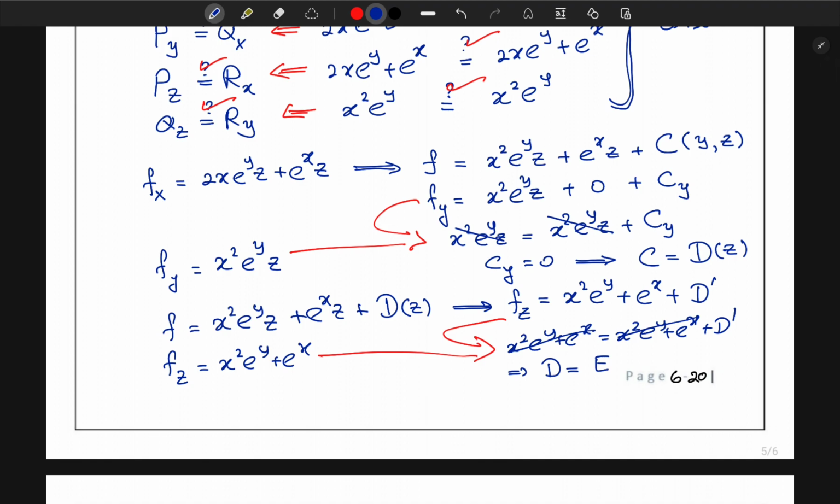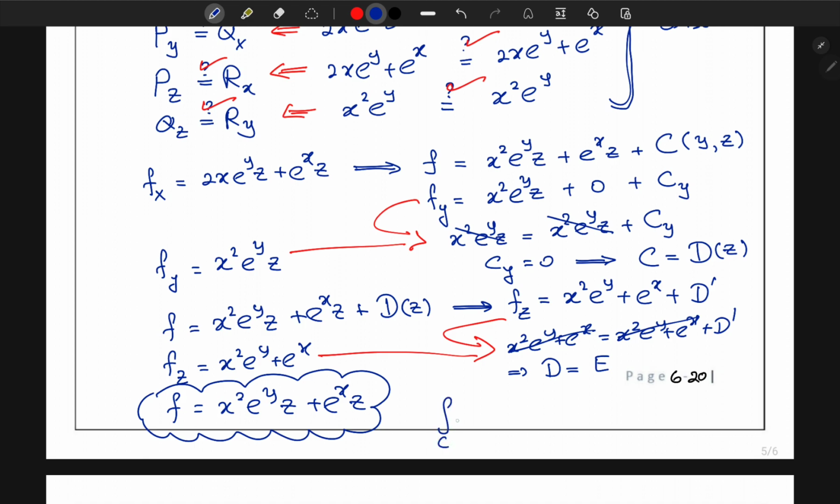Therefore, we find that f is actually x squared yz plus x e^z plus a constant. Now we have a choice. We can either keep it as an arbitrary constant, but let me make it 0. So we found what the potential is.